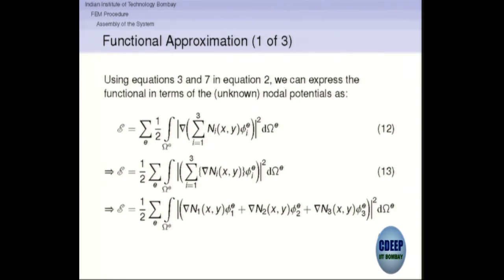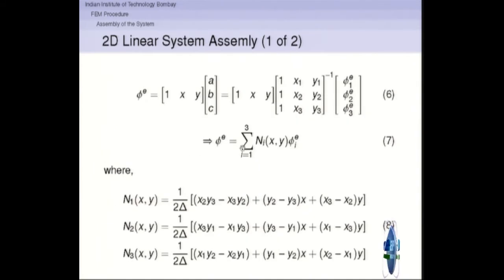Starting with that equation 7, wherein half epsilon E square was the energy expression, E is nothing but del phi, and phi is nothing but the sum of Ni phi i, is it not? That is what we calculated.